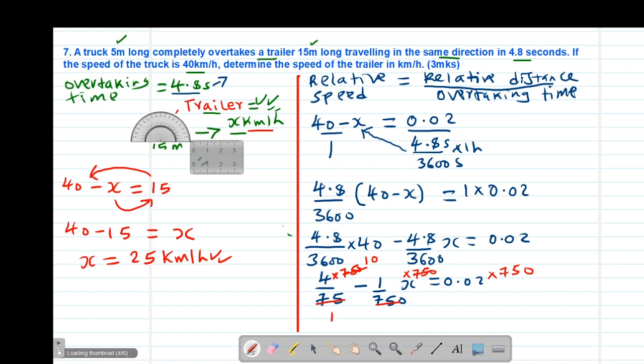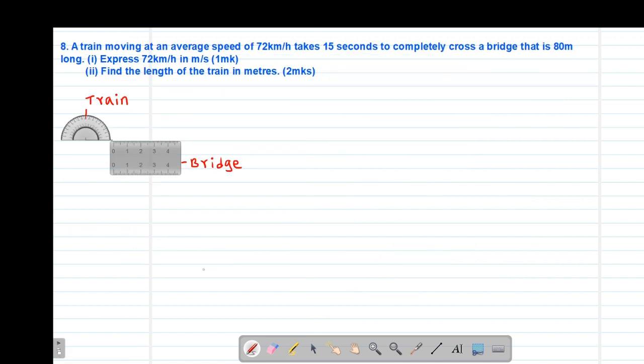Then we also look at our example number 8, which reads that we are given a train moving at an average speed of 72 kilometers per hour. So this is our train. Its speed is 72 kilometers per hour. It takes 15 seconds to completely cross a bridge.